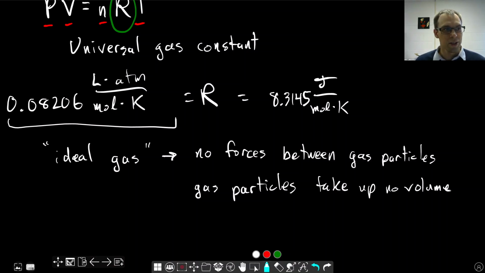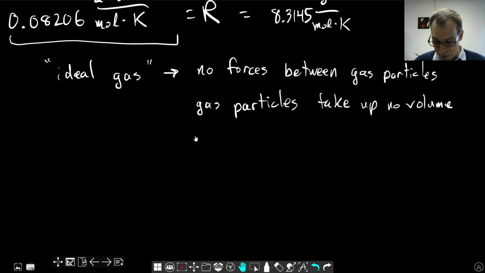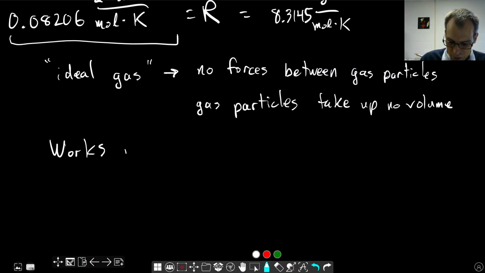And under these conditions, all gases behave identically, and we can use one equation to describe every single gas. They all obey this ideal gas law and all use the same universal gas constant, which is really useful. And this, just to be clear, works really well under most conditions.